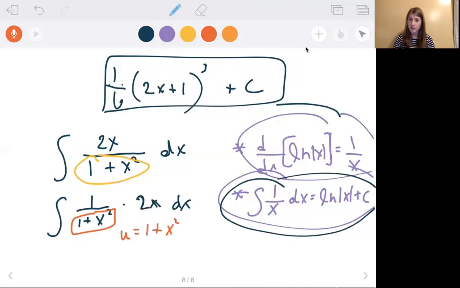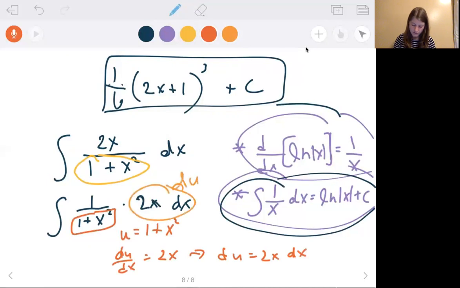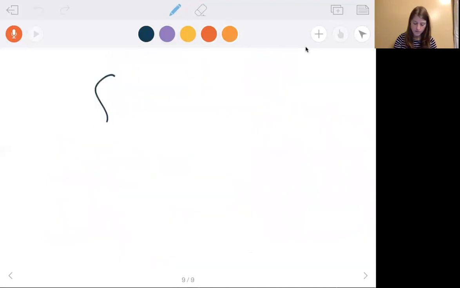If we let that inner function be 1 plus x squared, our du dx is going to be 2x. So our du is 2x dx. So in this case, this stuff really becomes my du, and this becomes 1 over u. So we've actually simplified this to 1 over u du.